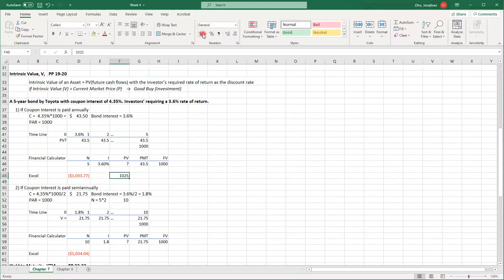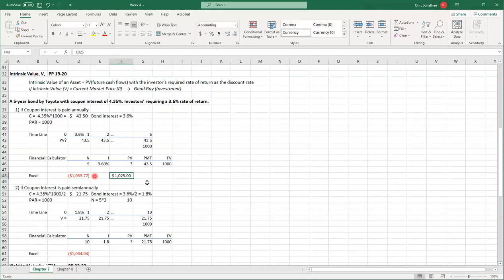Let me change that. Okay, suppose this is the current market price. Is the current market price P, right? This one is V, right? This one is V.